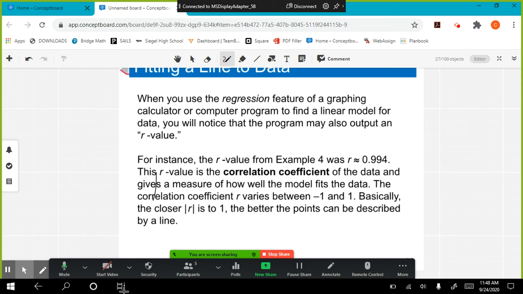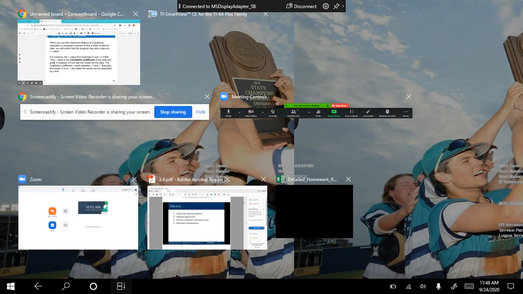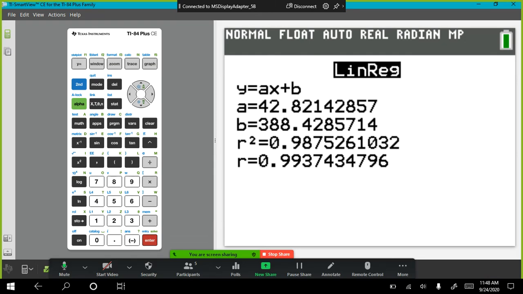Basically, the closer the absolute value of R is to 1, the better the points can be described by a line. So if we go back to that calculator and we're looking at the R value, the closer this R value is to plus or minus 1, the better that this model or this prediction can be.